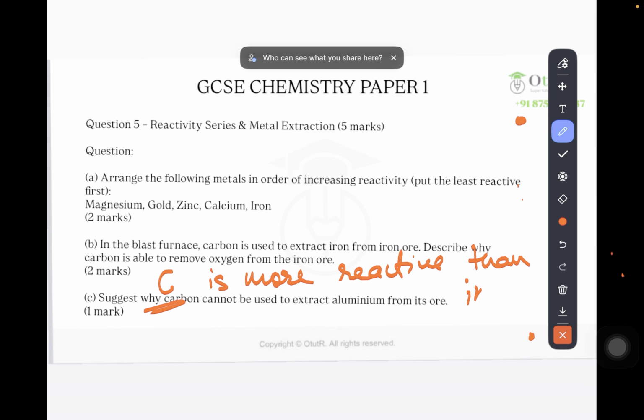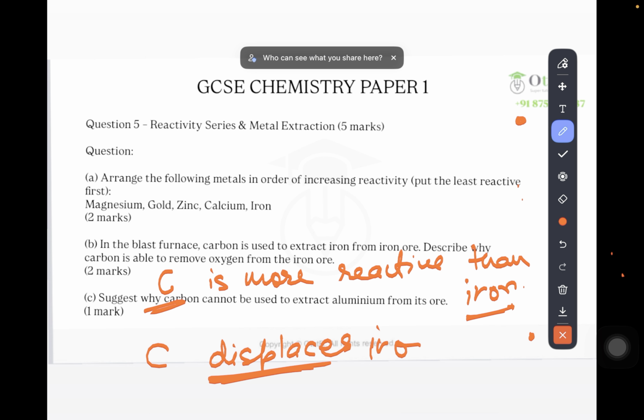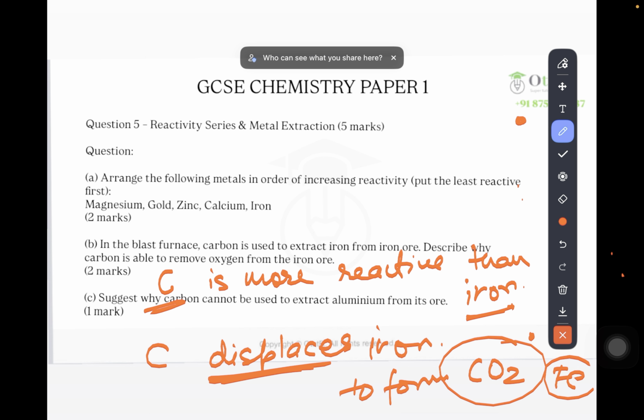Therefore, carbon displaces, these words are to be there in your answer, carbon displaces iron from its ore by combining with oxygen to form carbon dioxide and leaves behind iron. So iron is left behind and CO2 is made. Therefore, carbon is able to remove oxygen from the iron ore.